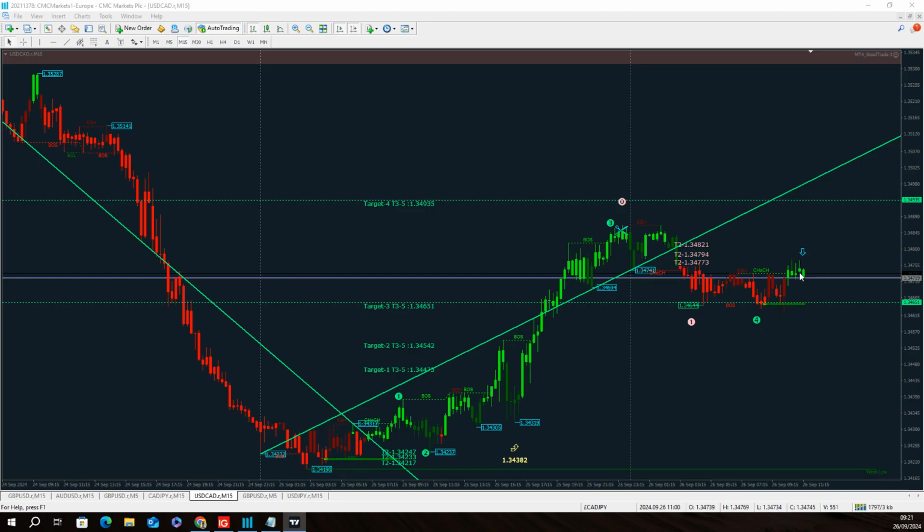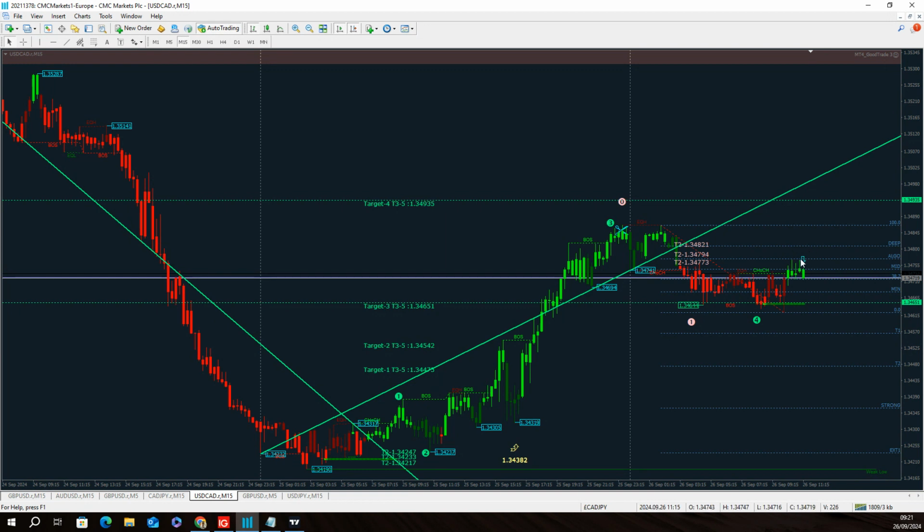Okay, so at the close of this candle, I will take a shot on the US dollar, Canadian dollar. Okay, and for my target, you can see how the algo line, which is the 0.618, is holding the price nicely.